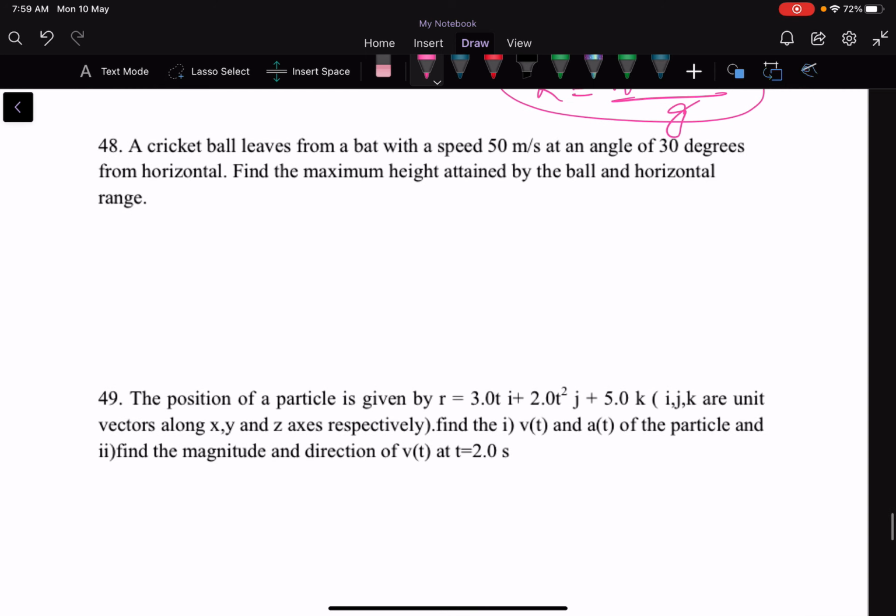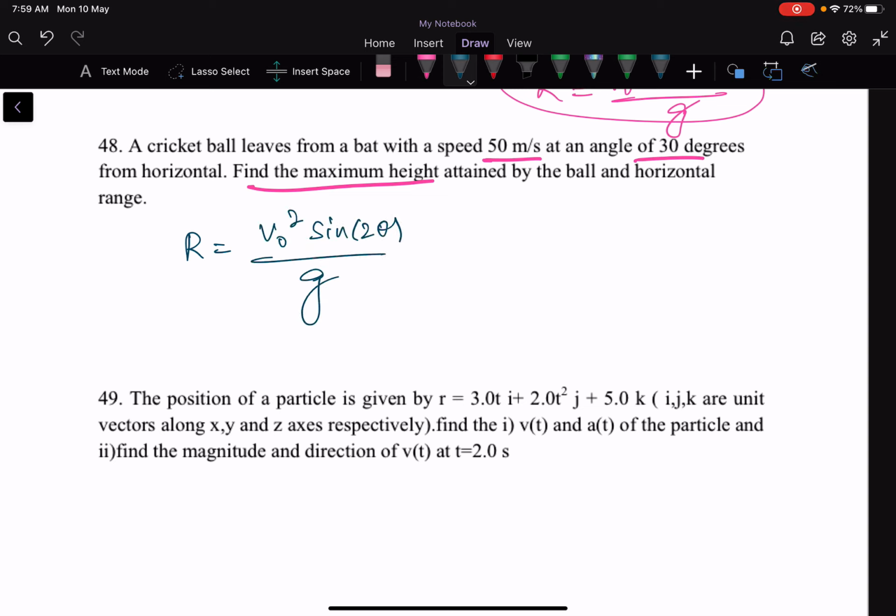Next, a cricket ball leaves a bat with a speed of 50 meters per second at an angle of 30 degrees from the horizontal. Find the maximum height attained by the ball and the horizontal range. The range formula is v0 squared sine 2 theta by g.